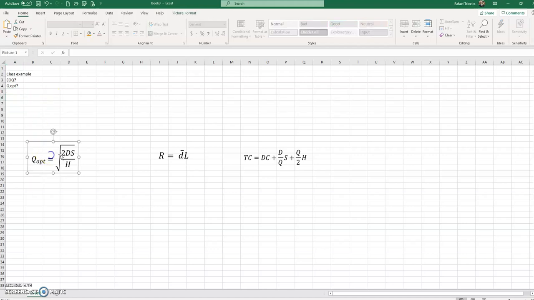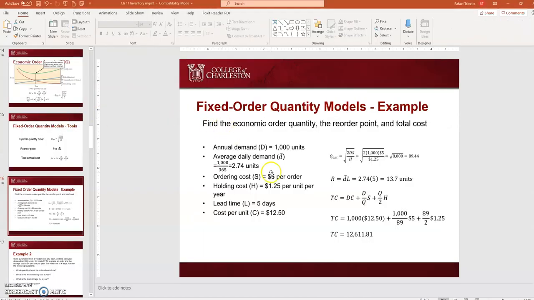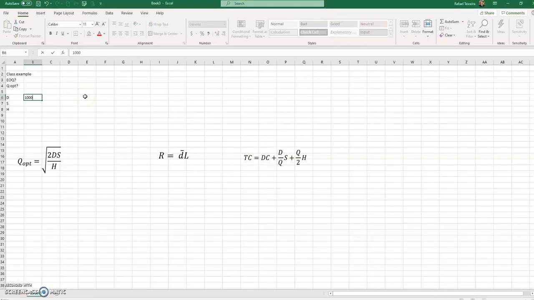According to this formula, what we need is D, S, and H. These are the pieces of information we need. So how much is D? We have to go back to the problem and take a look. D means the annual demand. The annual demand is 1,000 units per year.